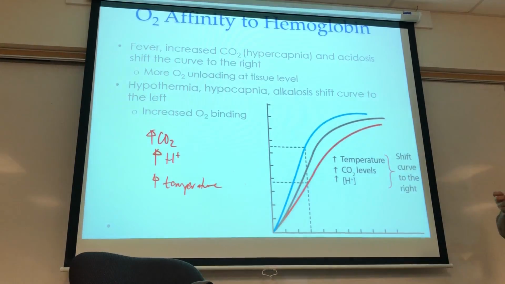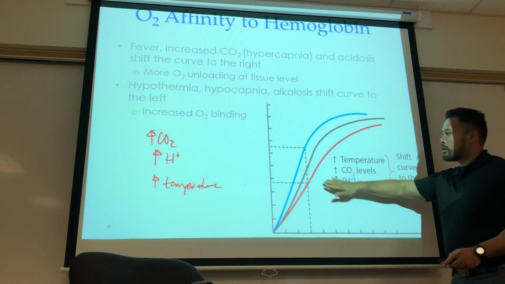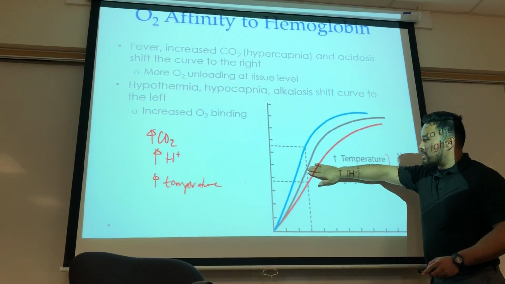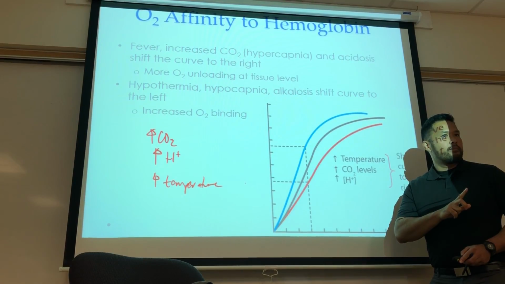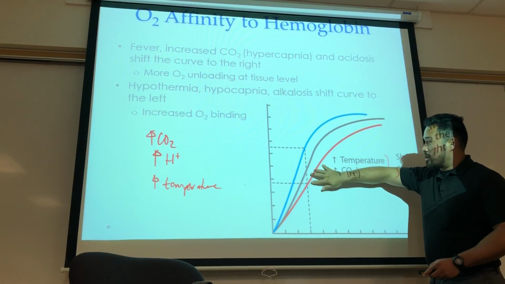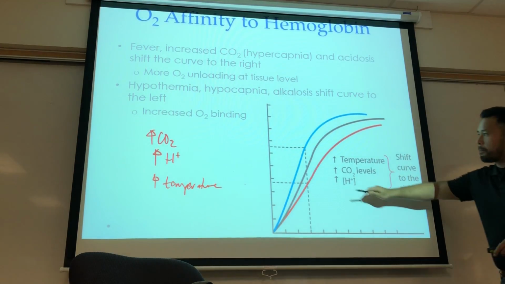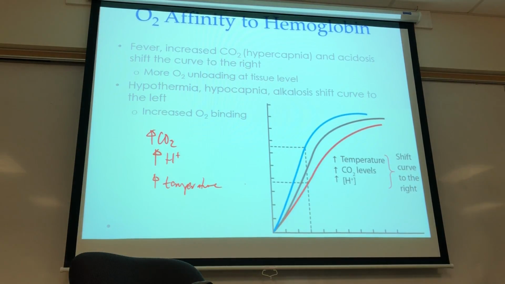Or, in other words, another way of looking at it, hemoglobin is going to want to unload, and as we unload, we're going to see that the saturation is going to drop. That should make sense. With a shift to the right, we'll see our oxygen saturation drop, and that is the Bohr effect, which we'll describe in a little bit.